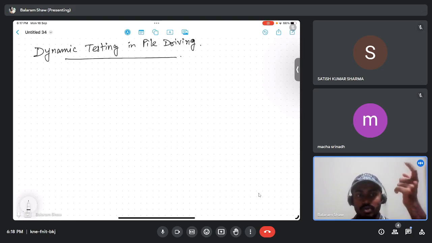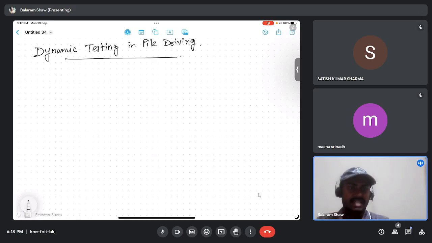So to understand that, while driving the pile we have to do some kind of test to know whether the properties, the strength or the bearing capacity we have considered in the design of the pile foundation are staying intact or not. If there is any change, what kind of change or how much change is happening because of the driving of pile. So we'll be discussing the dynamic testing in pile driving today, and we'll be seeing some of the questions.